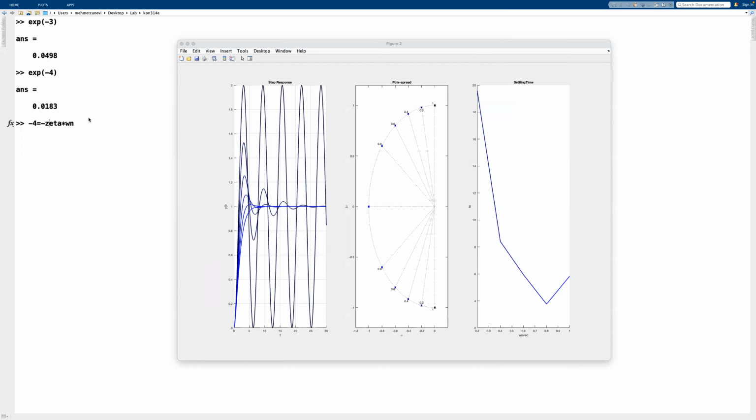Zeta omega n -4 is going to be the value there. So therefore, it is just going to be TS. So we have TS here. So it's going to be 4 divided by zeta omega n and nothing else, where zeta times omega n is kind of the absolute value of the real part of our pole pair.